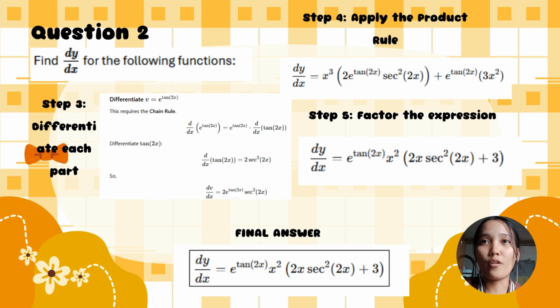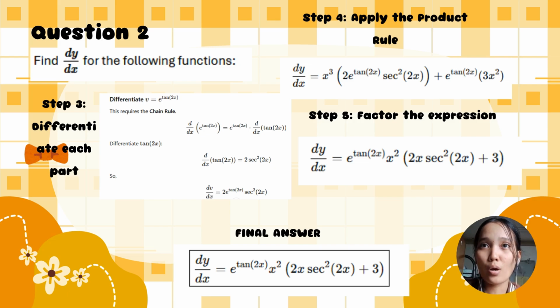The derivative of an exponential function is the same function multiplied by the derivative of the exponent. So the derivative of e to the power of tan 2x is e to the power of tan 2x times the derivative of tan 2x. The derivative of tan 2x is 2 sec squared of 2x.